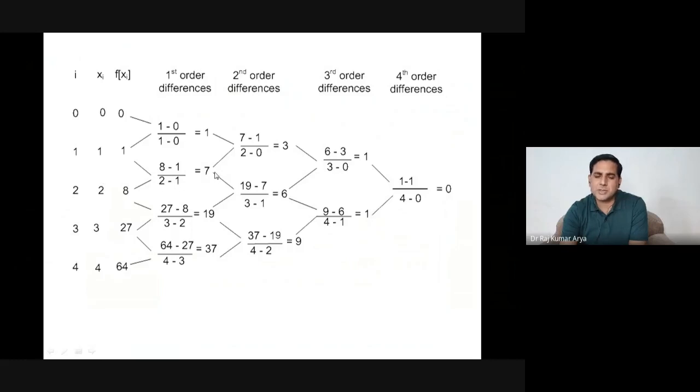You got 7. Now for 27 minus 8 divided by 3 minus 2, you got 19. From here you got 37. So this column is the first divided difference column.